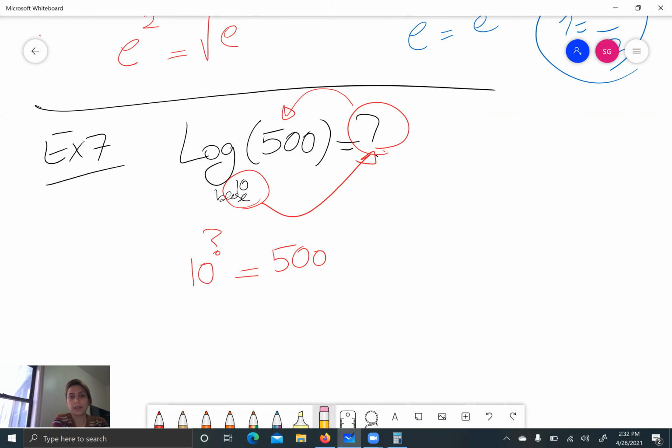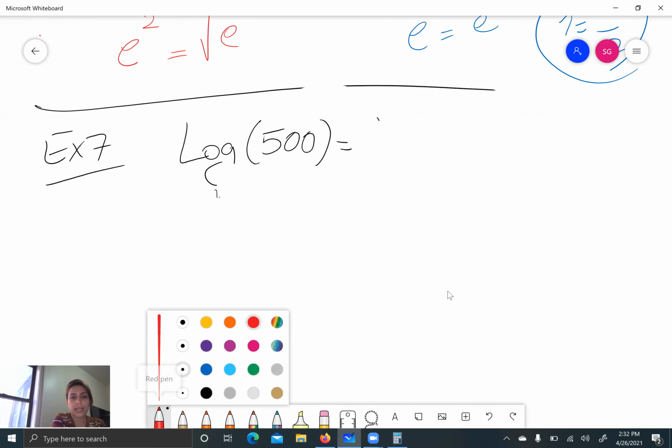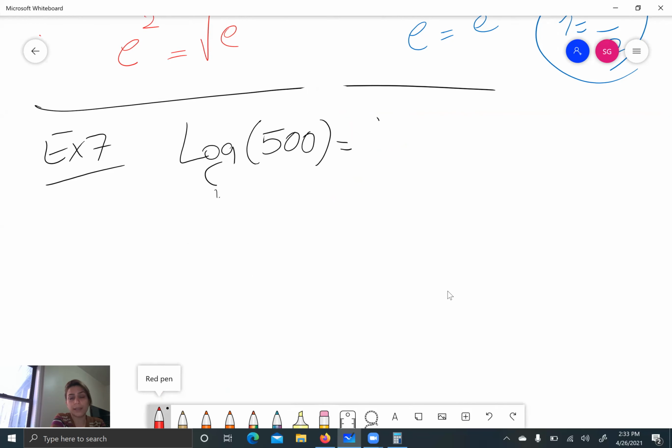So it's not always easy to just rewrite a logarithmic function as an exponential function and then guess what the power is. So in that case, we need to use a calculator.